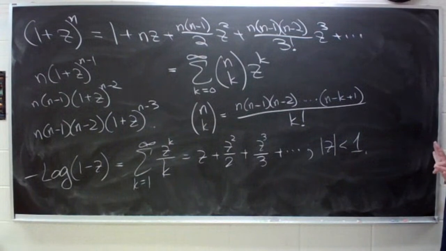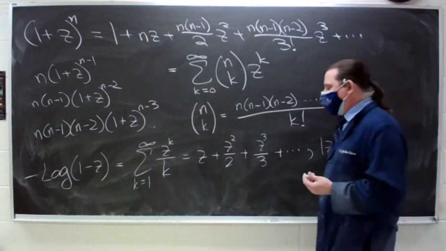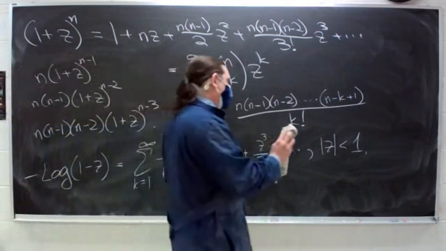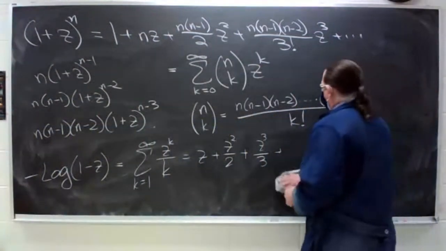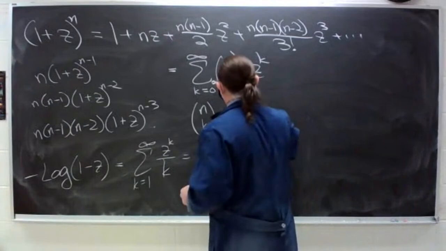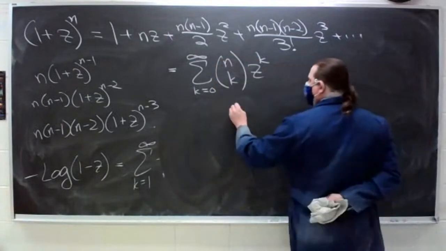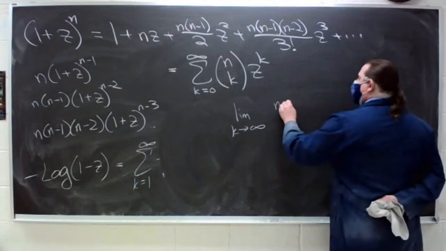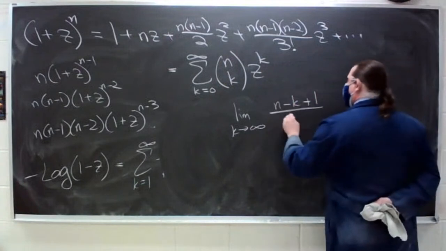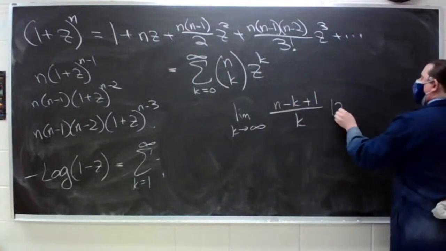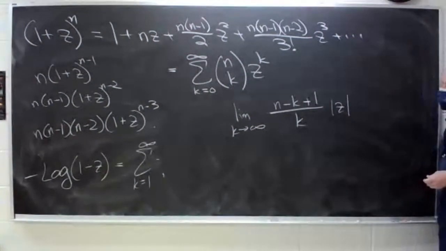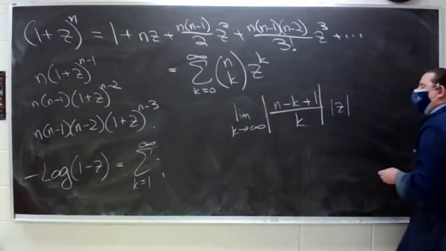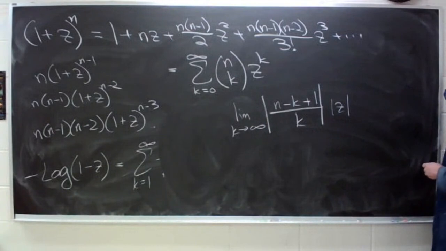All right? We can find the radius of convergence of this expansion by using the ratio test again, just because it's the easiest test to use. All right? What we find is that we're taking the limit as k goes to infinity of this.